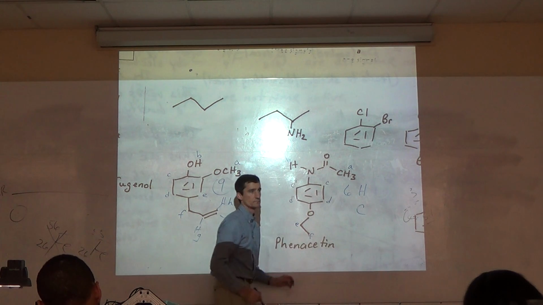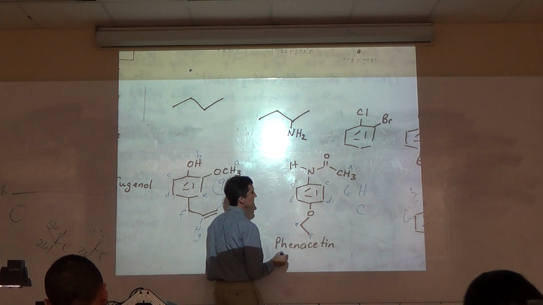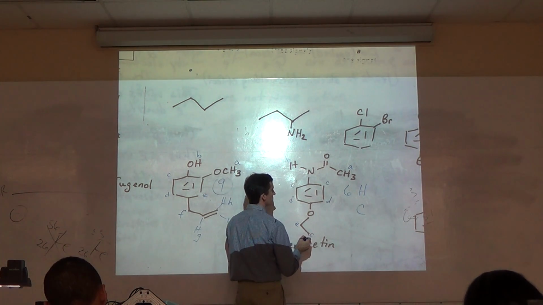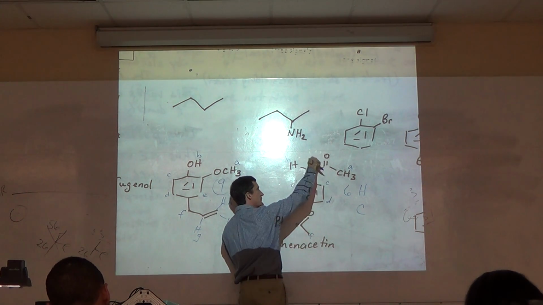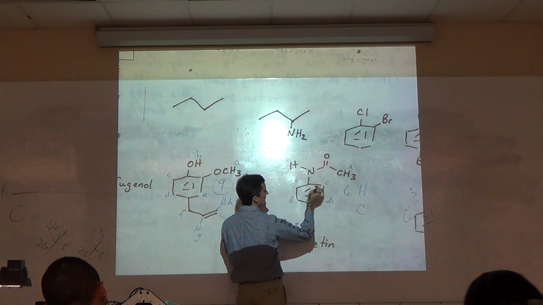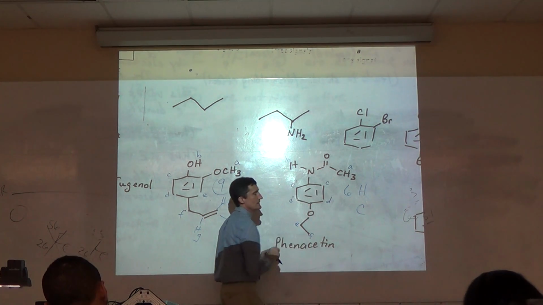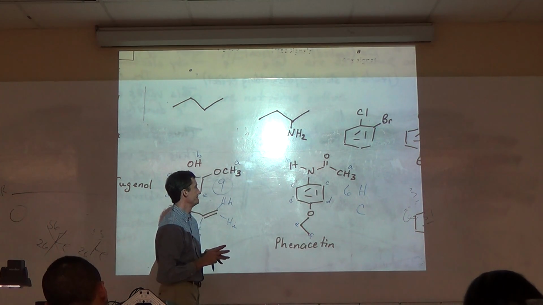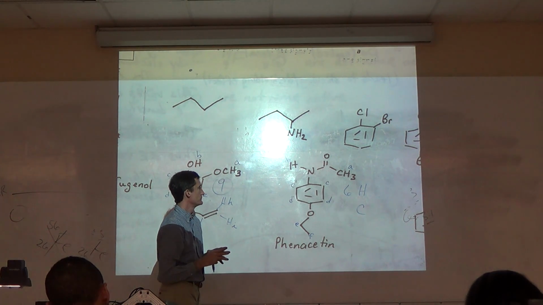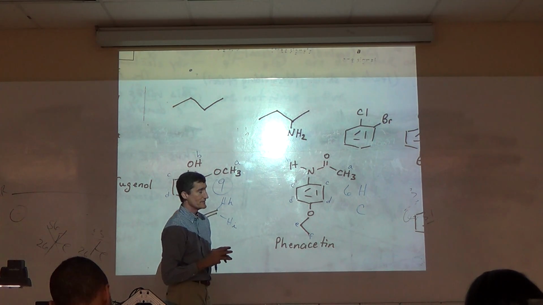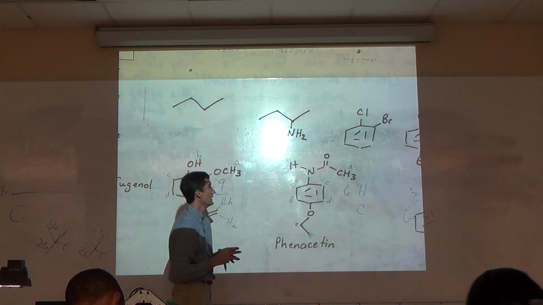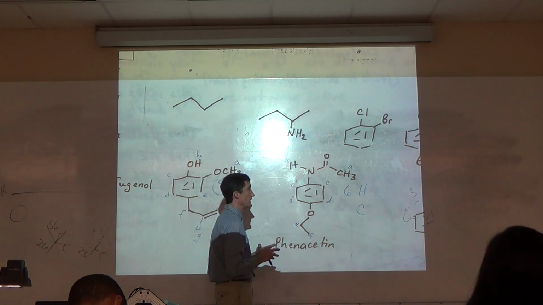Are the two C's the same because the nitrogen's pulling stronger than the oxygen that's farther away? You have free rotation up here. You could argue you don't have free rotation, but I know they're going to be the same, so that implies there's free rotation.